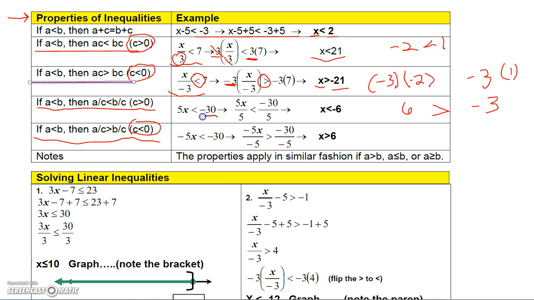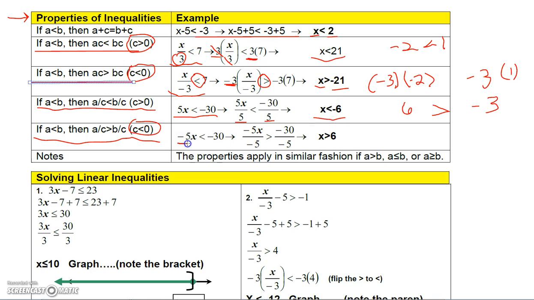So if I wanted to solve 5x is less than negative 30, then I know I've got to divide both sides by 5, and since 5 is a positive number, the inequality will stay less than. So it will be x is less than negative 6, because 5x over 5 is just x, and negative 30 divided by 5 is negative 6.